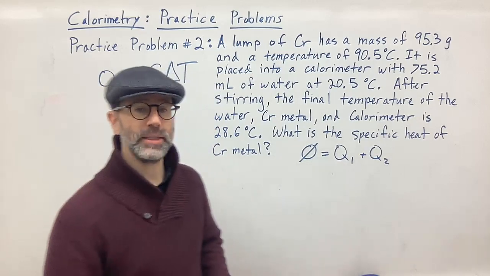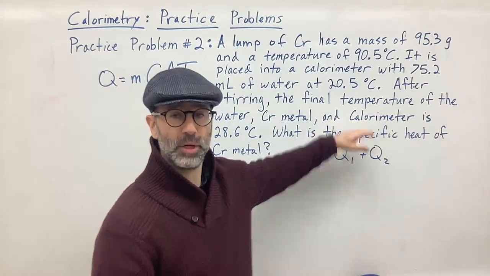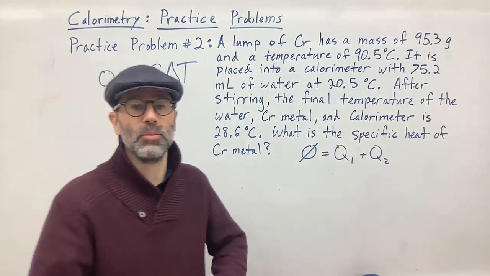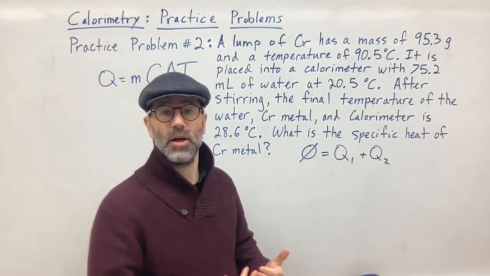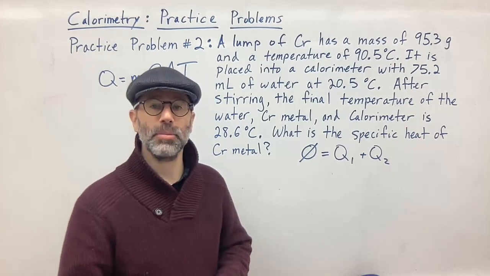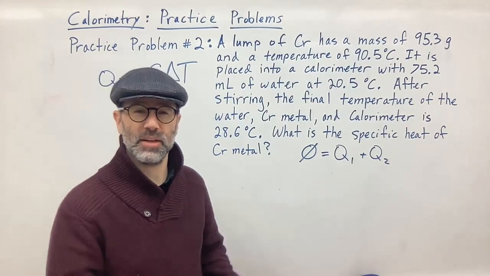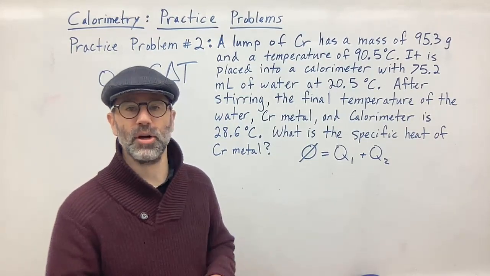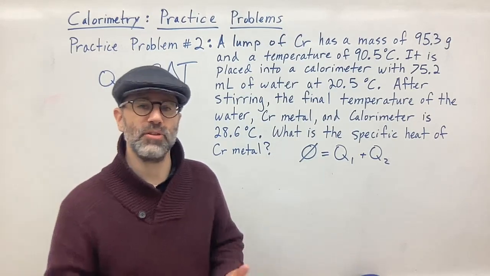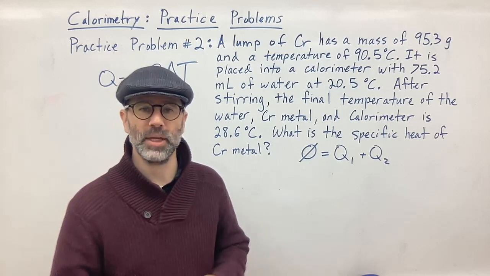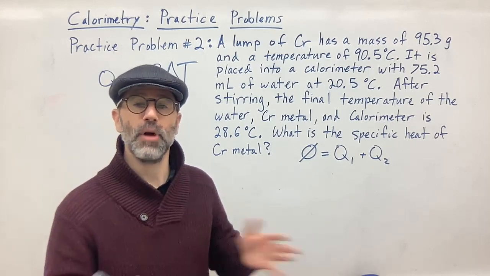Okay, so in this case, they're throwing in the calorimeter. Sometimes the problem will require you to factor in the amount of heat absorbed by the calorimeter. You would have to be given the specific heat of the calorimeter, the mass of the calorimeter, and all that stuff. But they're not giving us this information. So the assumption is that the calorimeter is not absorbing any of the heat from the transfer.